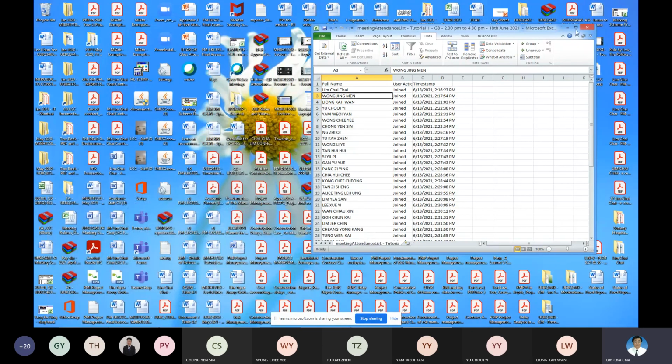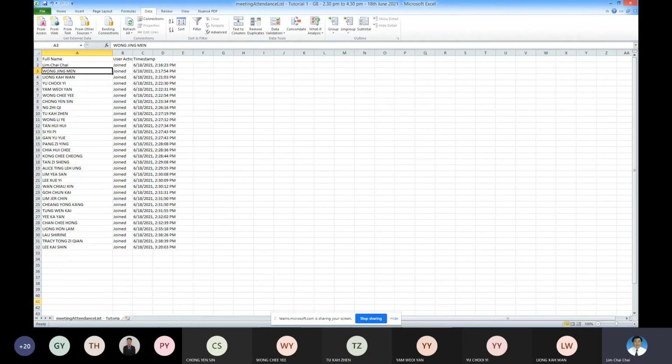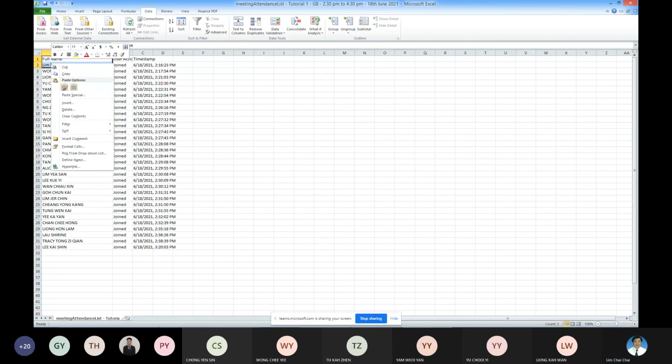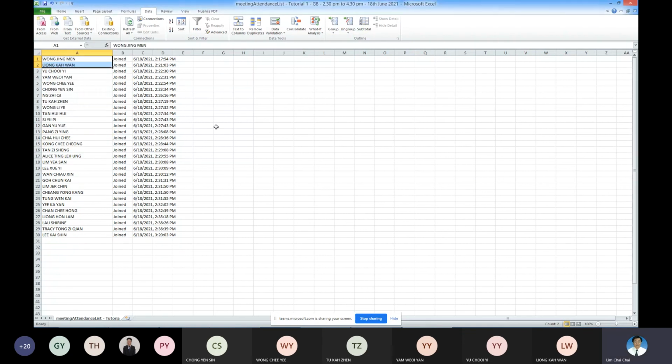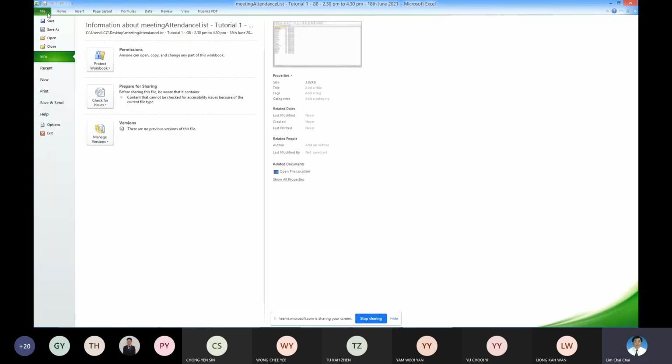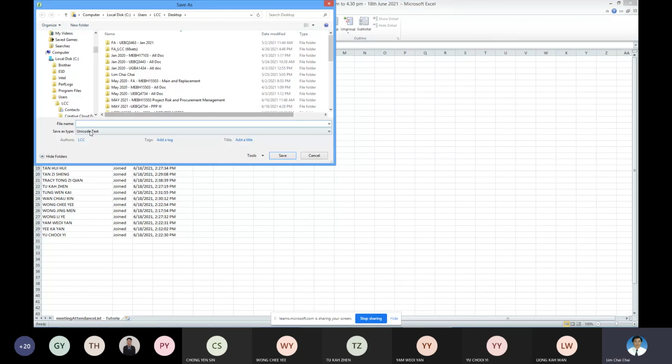Altogether there are 30. These two to be taken away. Let me delete the entire row. Then I arrange it up. So this one you got 30. Good. I will do the adjustment later.